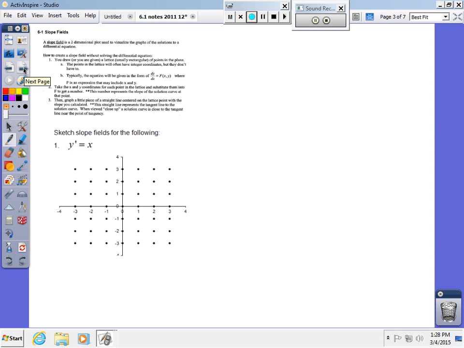So here we're going to create the slope field for the following differential equation. The first thing I'm going to do is write it as dy/dx is equal to x. For each one of these dots, for each ordered pair, we're going to find the slope at those points. How are we going to find the slope?